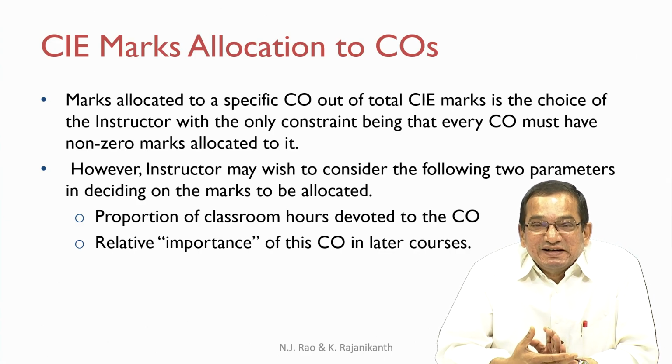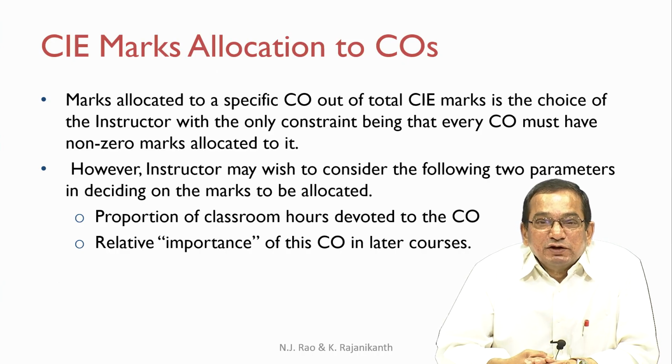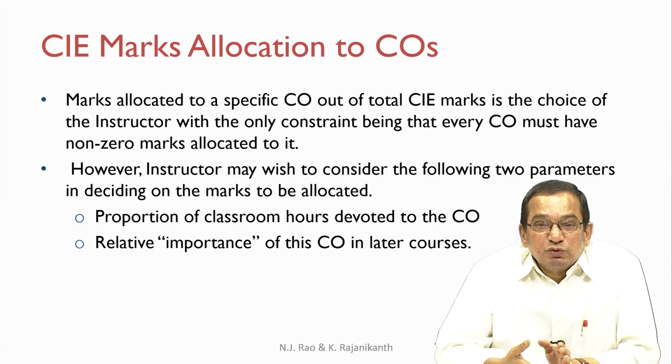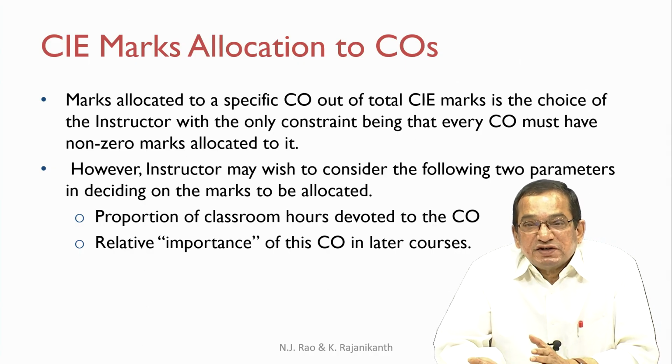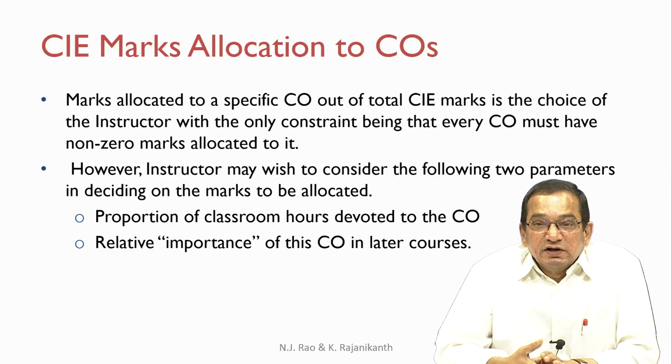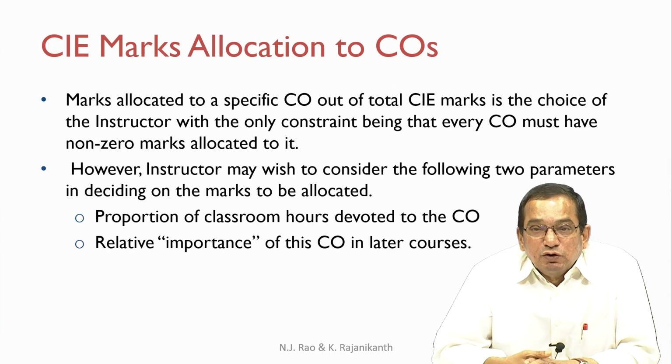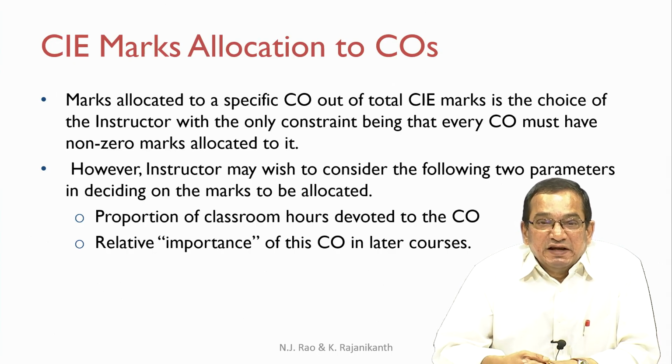However, it may be desirable if the instructor considers 2 important parameters in deciding on the marks to be allocated. One is the proportion of classroom hours devoted to that CO. If we spend a considerable amount of time on a particular CO, but in allocating the marks, the number of marks allocated to that CO is significantly low, it does not look very natural.